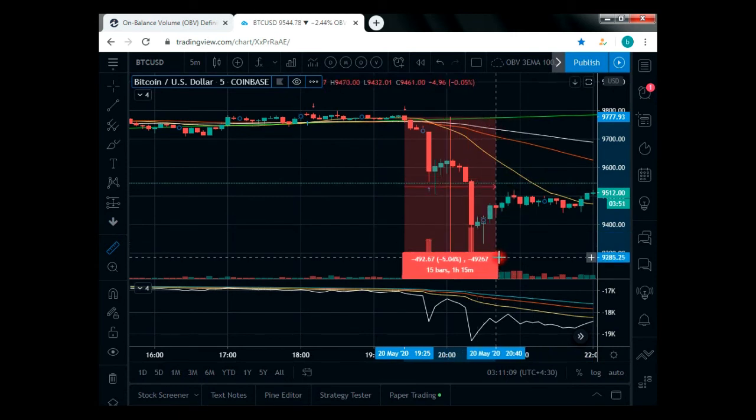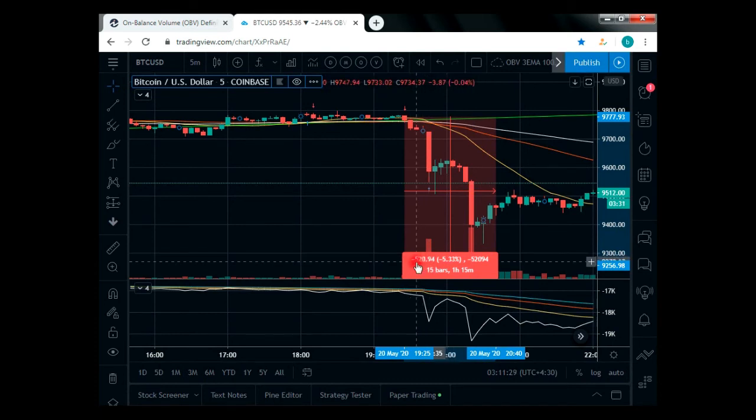$56 minus $520 on one trade, and my position size was half a Bitcoin.